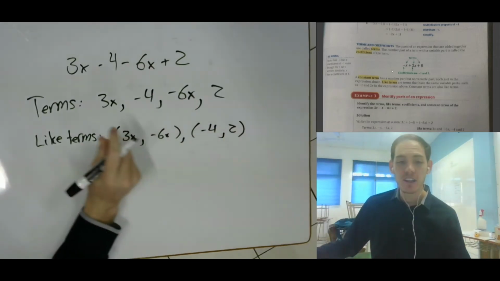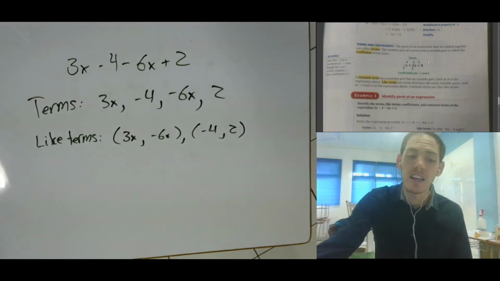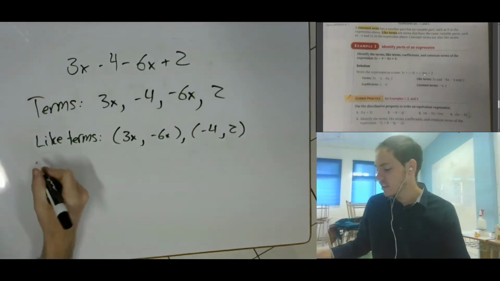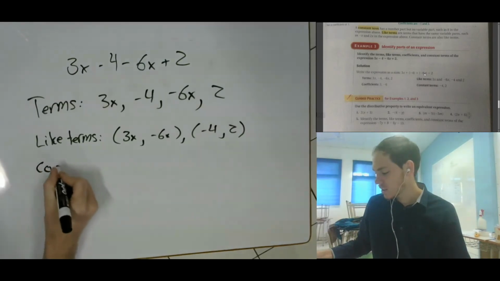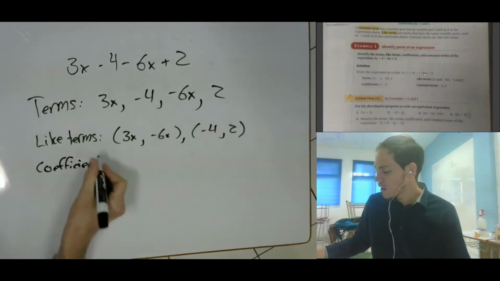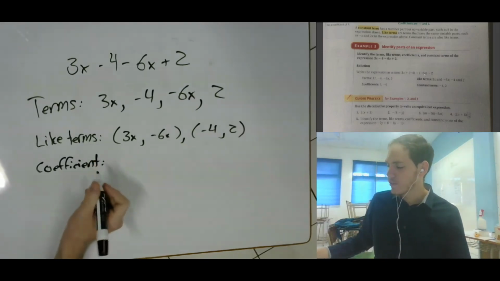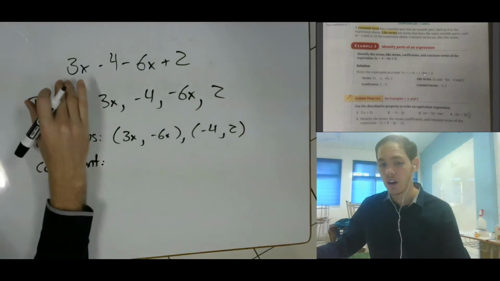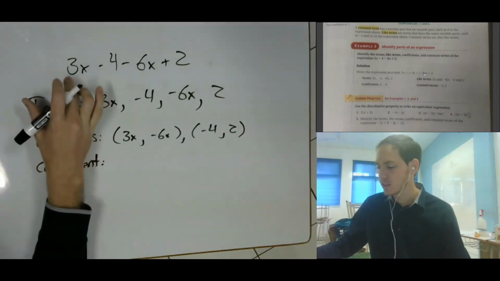Now the beautiful thing is you can always add like terms together, okay? So the question it asked here was coefficients. What coefficients do you have? Well, we have to look at our variables. What's in front of this one? 3.